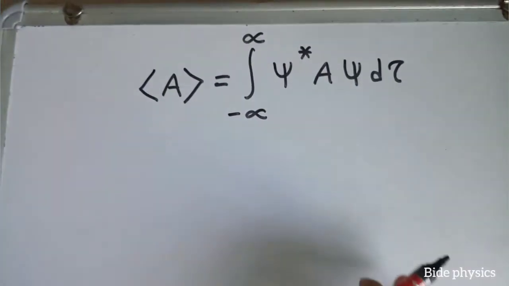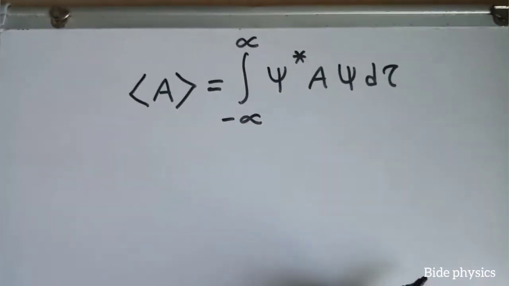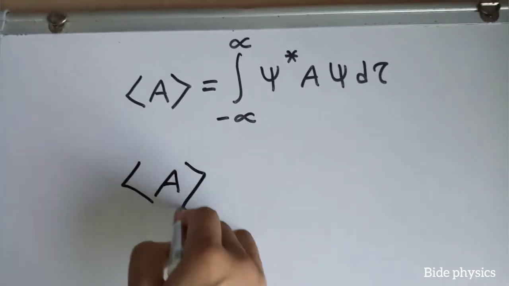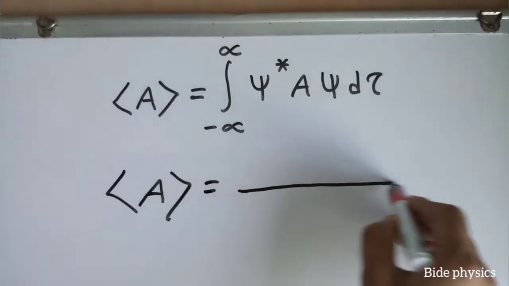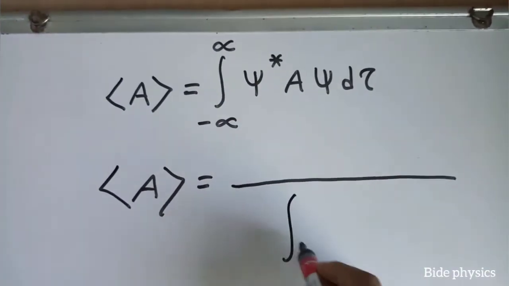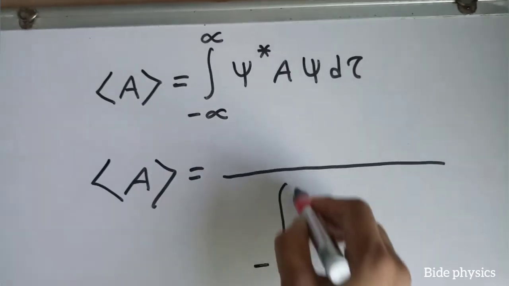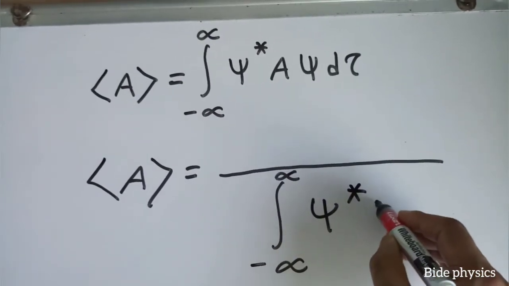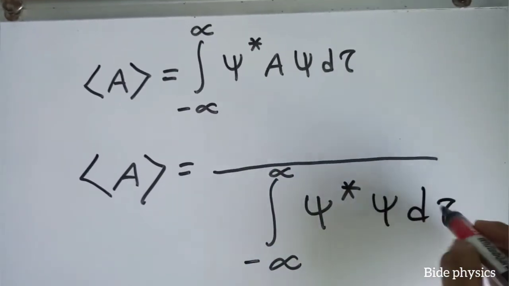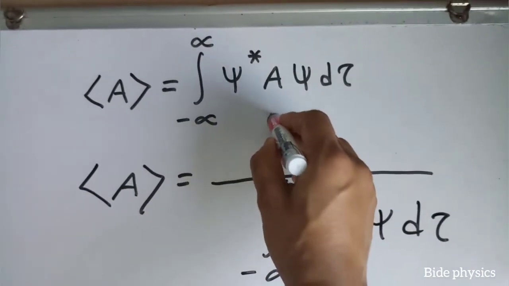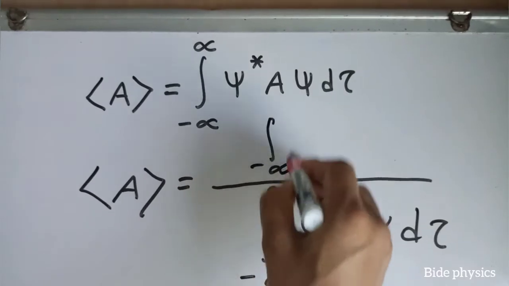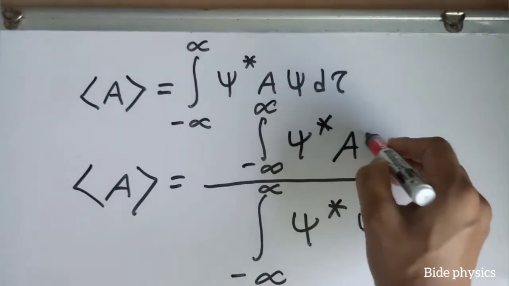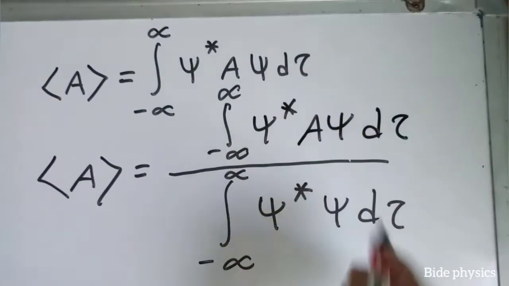Now if psi is not a normalized wave function, then in that case we have to write the expectation value of A in this way: the normalization of psi, that is integration of psi star psi d tau, and next, integration from minus infinity to plus infinity of psi star A psi d tau.